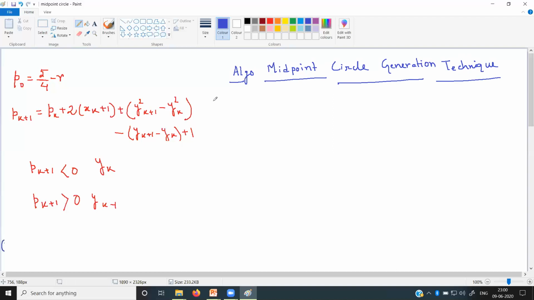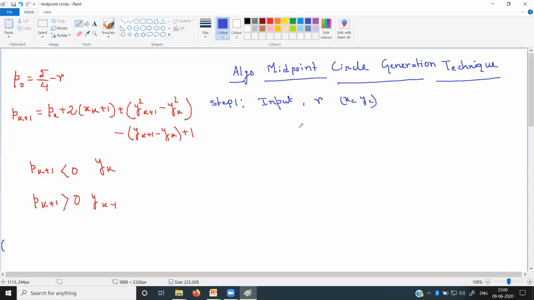So here you see, in step 1, we have to take the input. And what are the inputs we have to take? The radius r and the center point xc, yc.